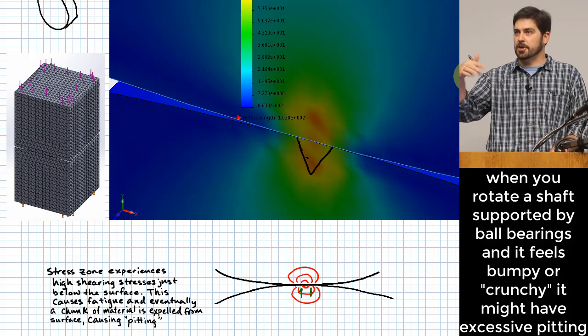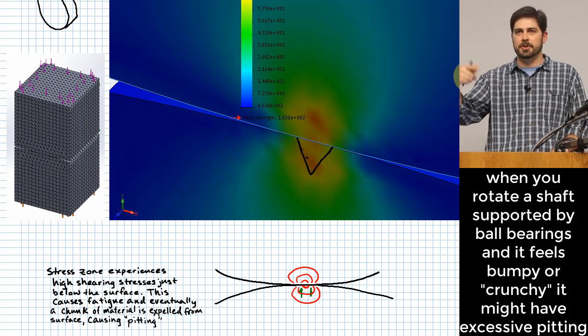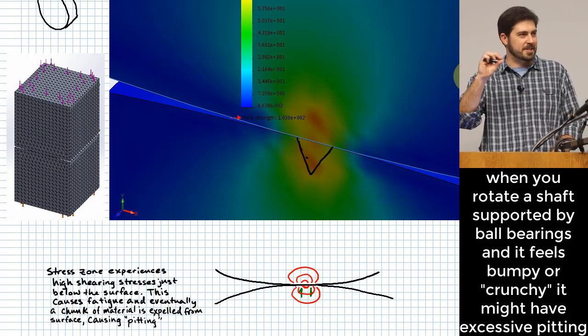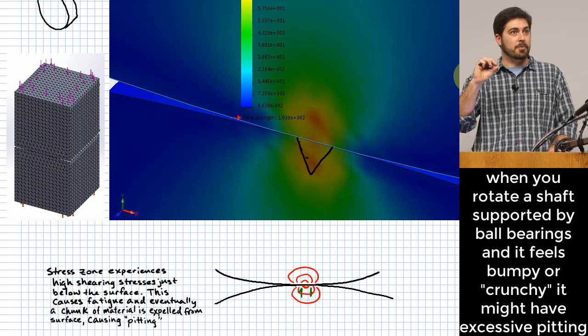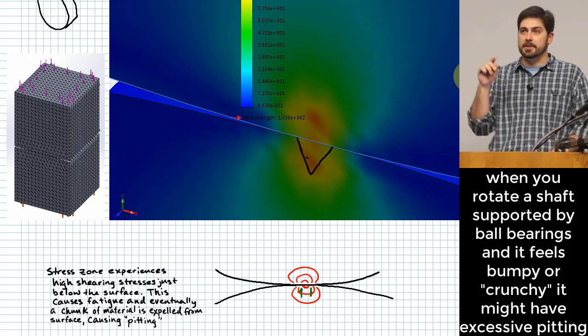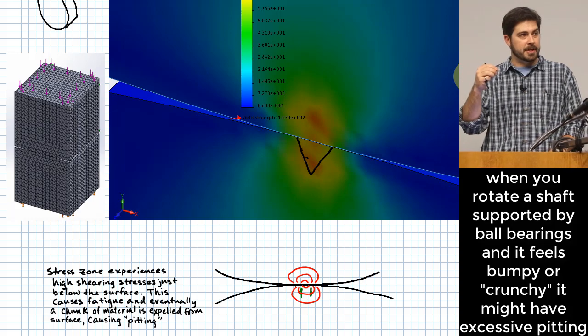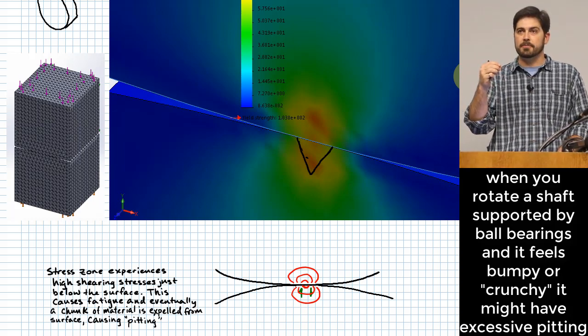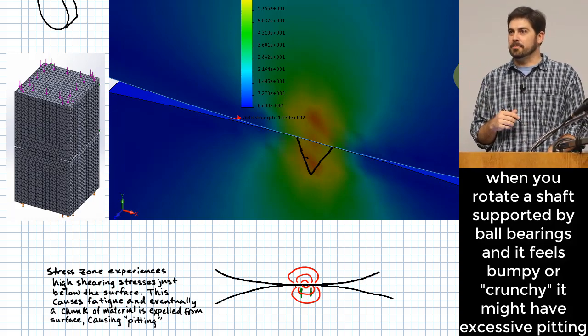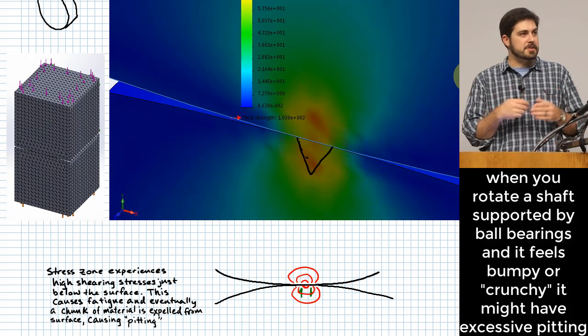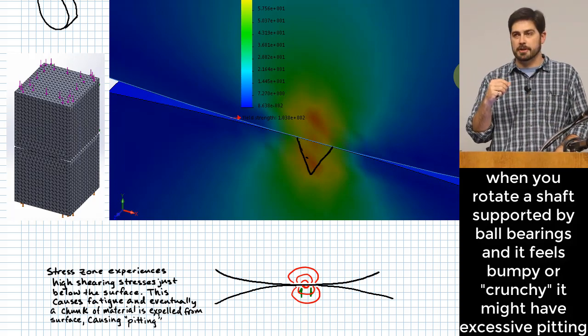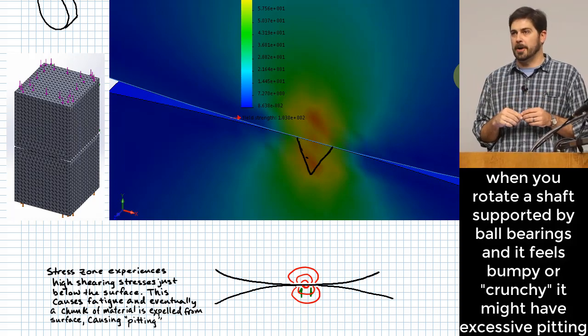Like you start trying to turn it, and turning it doesn't feel as buttery smooth as it did at one point in time. All right? One of the things that may have happened that led to that rough feeling is that you ended up having more pitting than you should, and then that leads to a rough feeling whenever you start turning the shaft for something like a ball bearing.